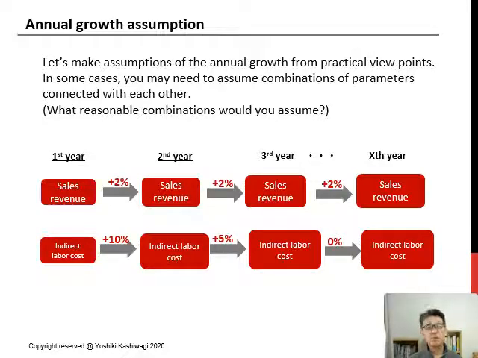You can adjust or change the annual growth ratio later on, but especially for the initial simulation, the initial business model, I encourage you to apply the simple one single growth ratio assumption.